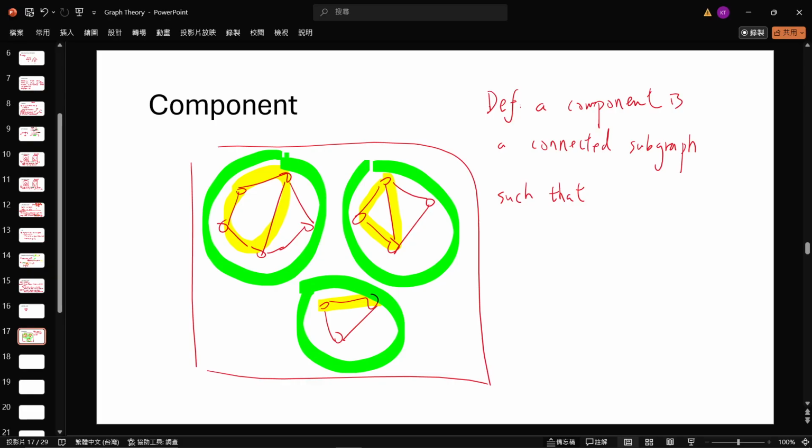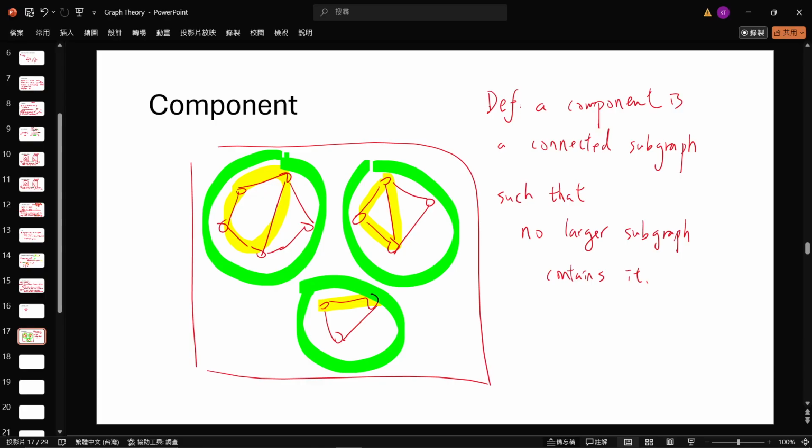So, let's say a component is a subgraph such that no larger connected subgraph contains it.